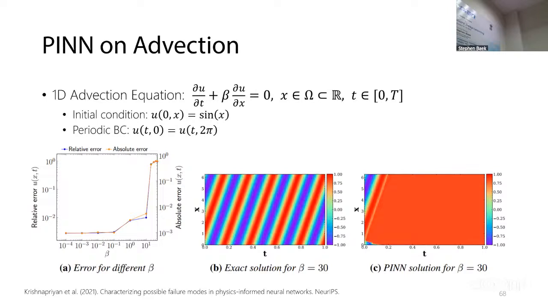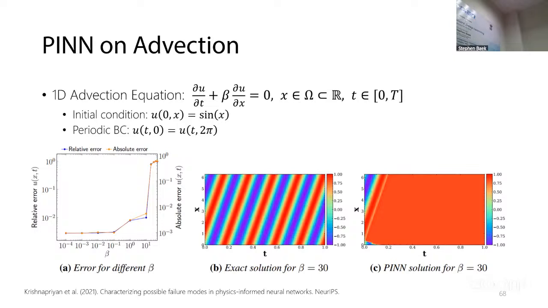So beta equals 30 is the situation we have. When beta is large, obviously the stripe pattern is going to be steeper. When beta is small, the translation will happen more gradually like this.